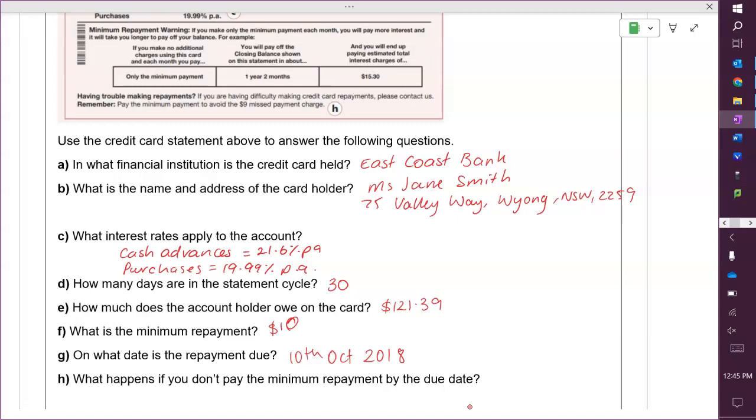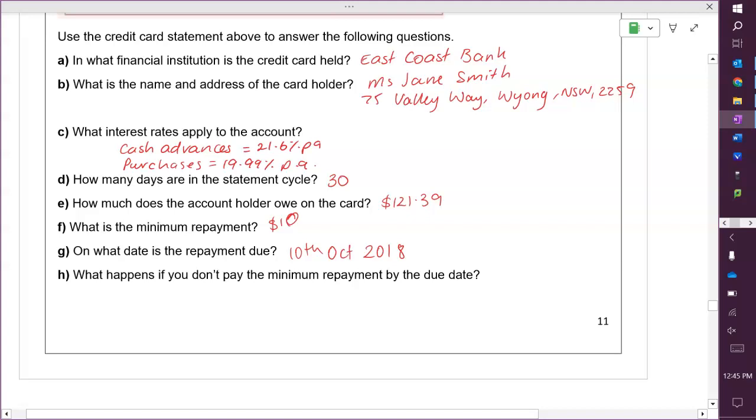It says down here, and it's always at the bottom, it's always in small print because then it makes it a bit harder for you to find. Remember, pay the minimum payment to avoid the $9 missed payment charge. So what happens if you don't? It is a $9 missed payment charge, and that would then just come onto your next bill.